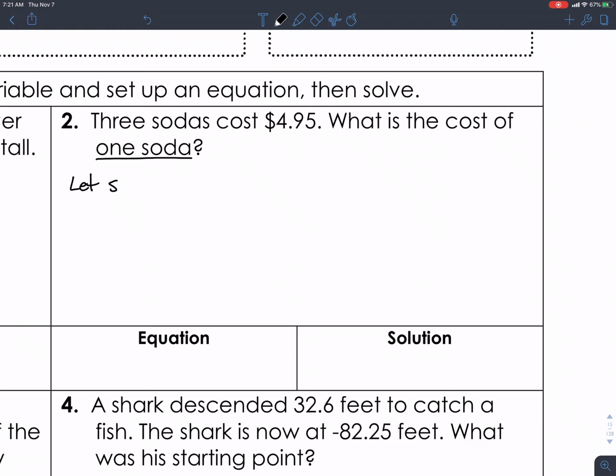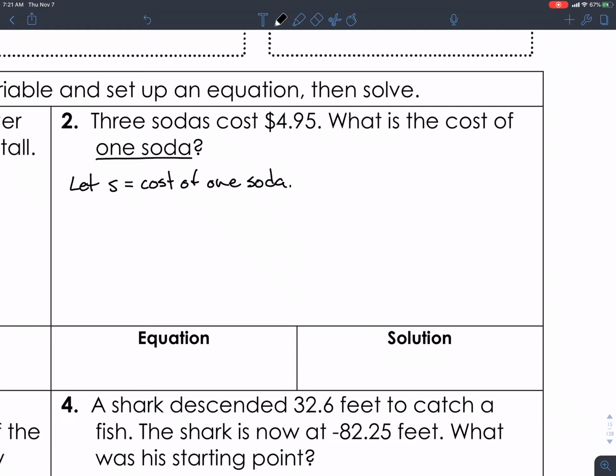It's just a convenient letter to use because they want to know what 1 soda costs. Let S equal cost of 1 soda. There's our let statement. It's that simple. Pick a variable and tell what it means. What does it represent?